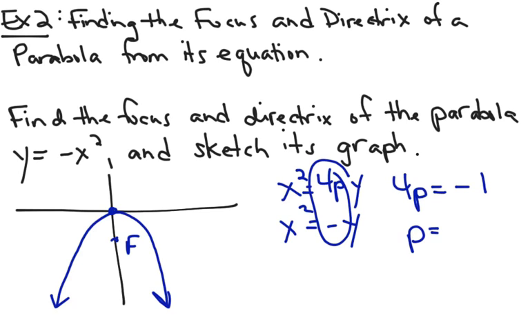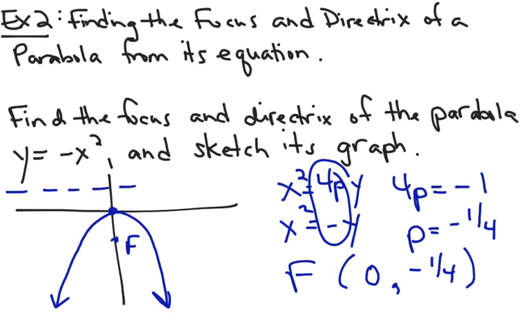So p must be negative 1/4. So the focus must be at (0, negative 1/4). And if the focus is at (0, negative 1/4), then the directrix must be at the equation y equals positive 1/4.